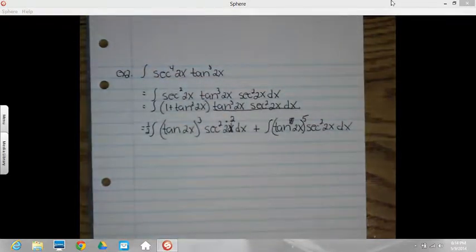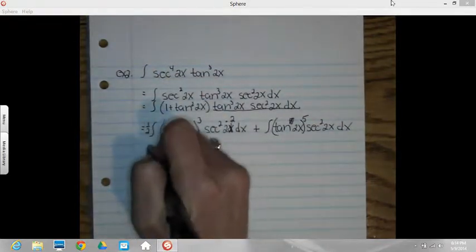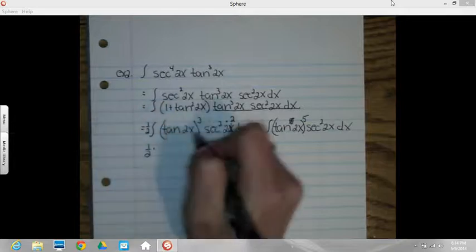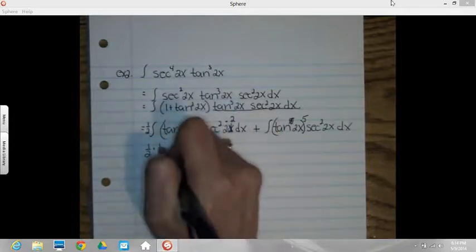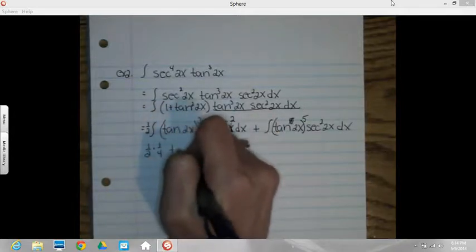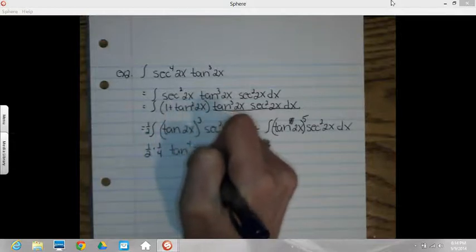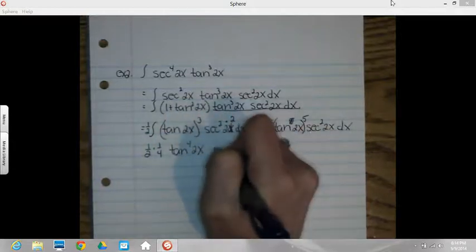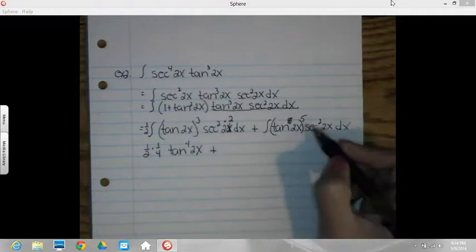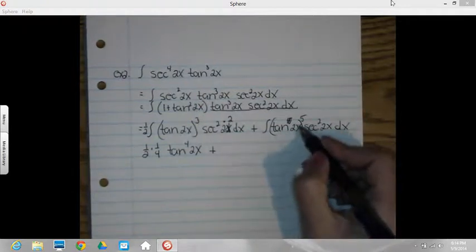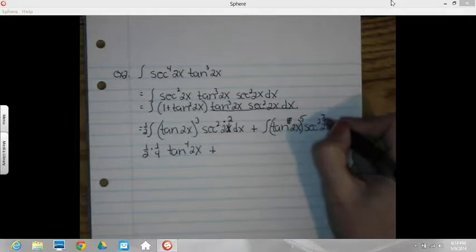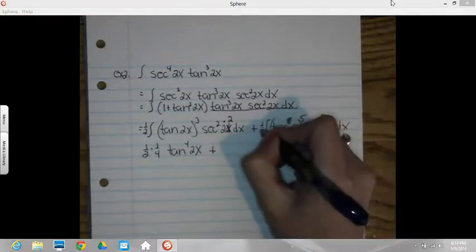So I keep the 1/2. That's going to go to a 4, so I'm going to need a 1/4. Plus, again, same derivative of the inside. The derivative needs a 2 next to the secant squared, so I need another 1/2 out here. So 1/2.